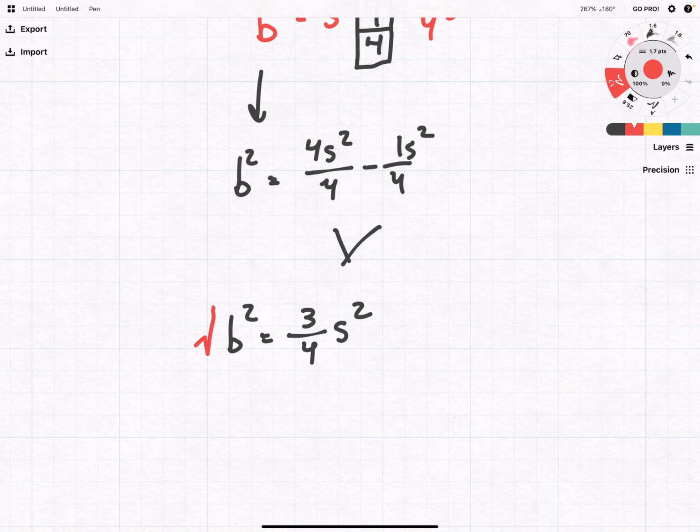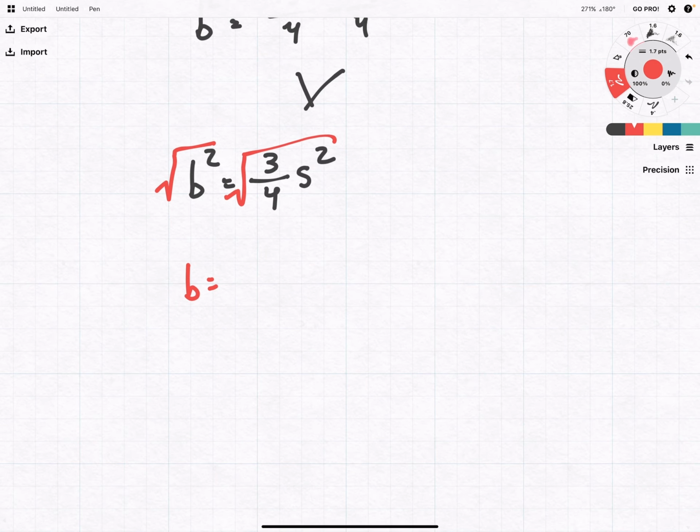Now the last part of this, we have to be careful. We have to square root both sides to solve for b. When we do that, luckily for b squared, we just get b. Now for this 3/4 s squared, because of square root rules, we have to distribute the square root to each term, because all the terms are being multiplied. So we will have root 3 over root 4 times the square root of s squared.